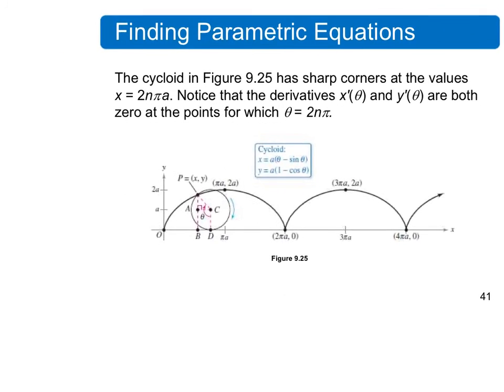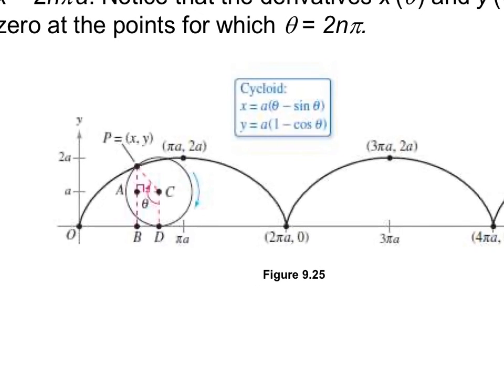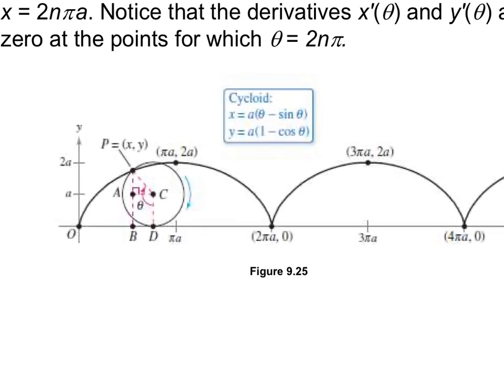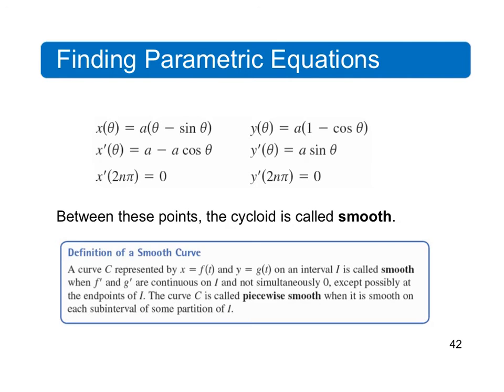Here's an example of that motion. I guess I could have brought this to you. See how it's spinning? The wheel's spinning, rolling. The points, that's not smooth. Between these points, the cycloid is called smooth.